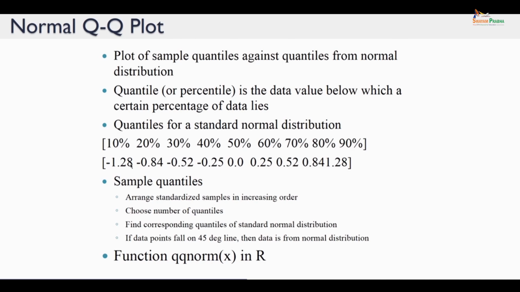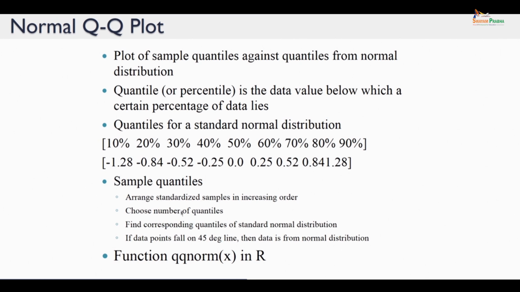This we can plot against the standard normal values, where the probability between minus infinity and the value is 10%, and then 20%, and so on and so forth. Those represent the x values corresponding to these probabilities, and we can plot it. And remember, of course, before computing these quantiles we have arranged the data.